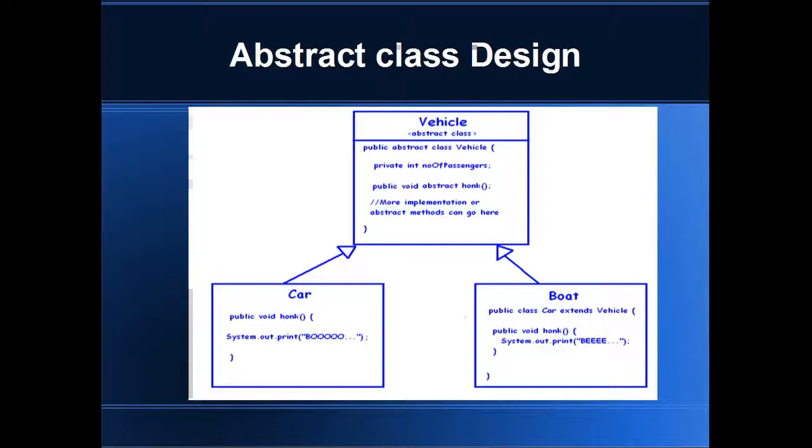In the subclasses, such as car and boat, you're going to implement the function logic. And when you declare an abstract class, you have to put public abstract class Vehicle, or whatever you're naming that class.